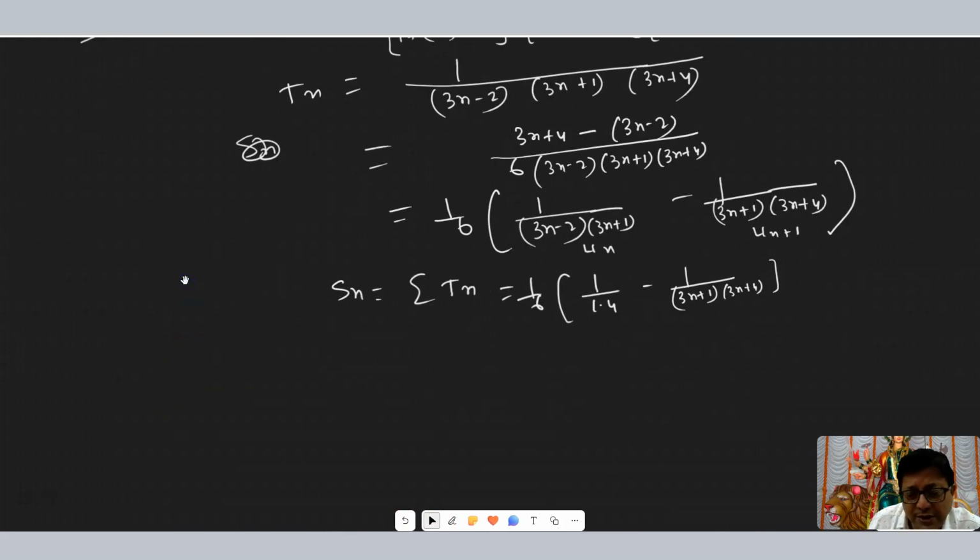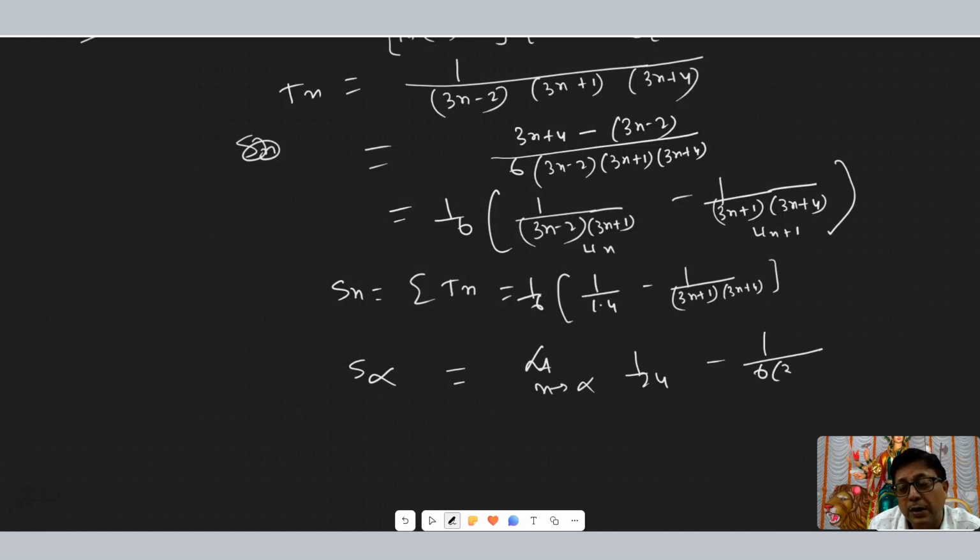I mean the whole series, it is not a partial sum. So S infinity, you just apply the limit on this, 1 by 24. Infinity is a huge quantity. Even if you haven't done limit problems before, don't worry, because if you put infinity over there, this will make the denominator huge, the result will be 0. So it is 1 by 24. Okay.